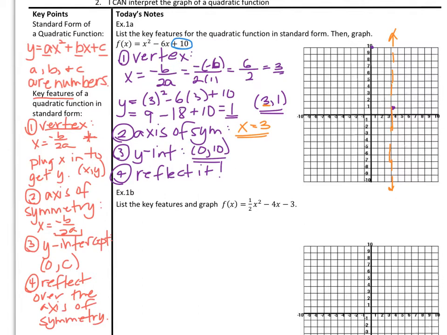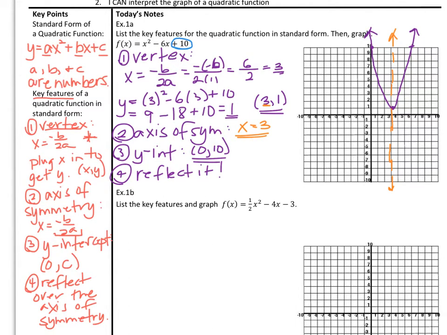So what I mean when I say reflect it, notice that the y-intercept is 3 units away from the axis of symmetry on that left-hand side. If I reflect it 3 units on the other side, there's my reflection point. Notice the vertex is down below. As we connect these points and go all the way down to that vertex and then back up again, notice our quadratic function, or our parabola, opens up. And that's because the a value is positive.